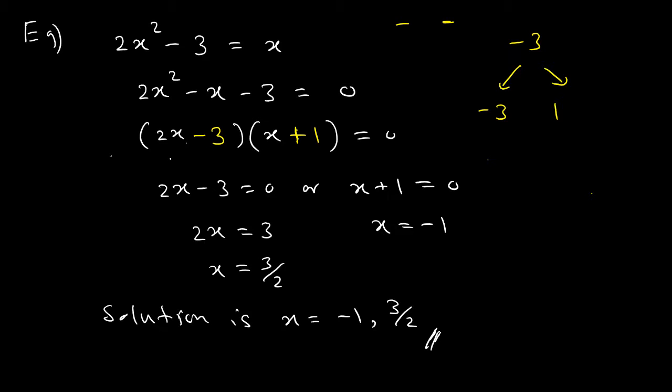So let's do more problems. How about this one? Let's do a problem like this. The next one, let's say you have 6x squared minus 13x plus 6 equals 0.